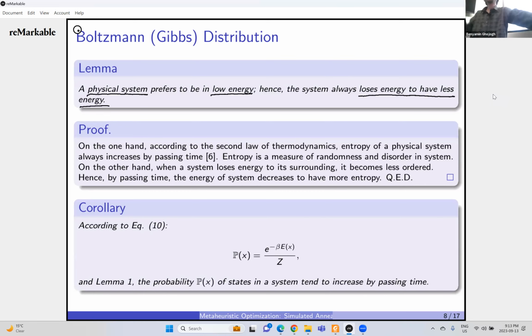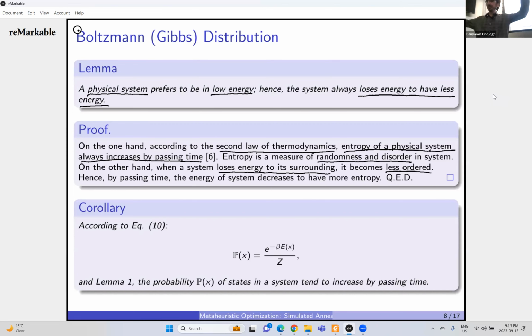Proof. On the one hand, according to the second law of thermodynamics, entropy of a physical system always increases by passing time. So entropy always increases. Entropy is a measure of randomness and disorder, right? On the other hand, when a system loses energy to its surrounding, it becomes less ordered, right?